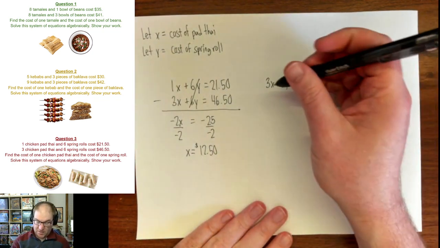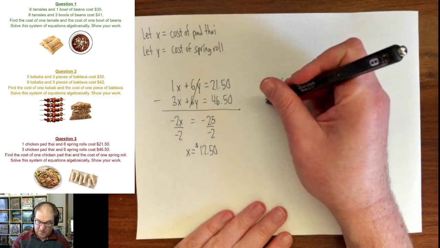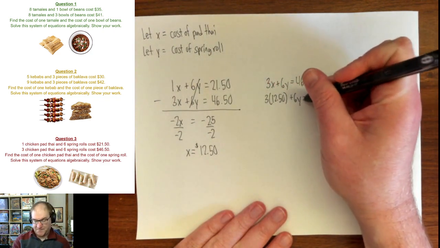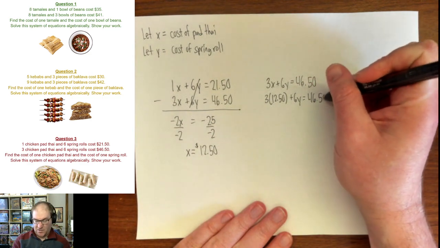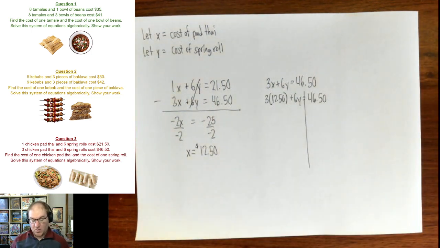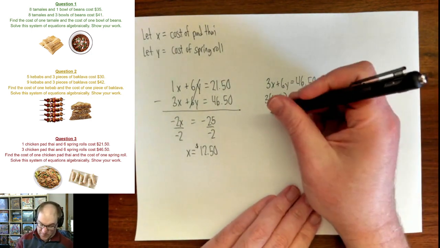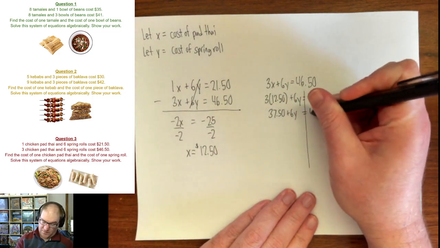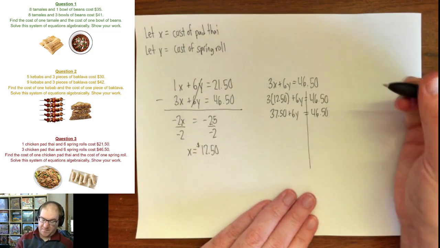If pad thai is $12.50, let's put that in right there. Once you plug in and you only have one variable, it's just an equation we have to solve. $12.50 times 3 is $37.50 plus 6y equals $46.50.